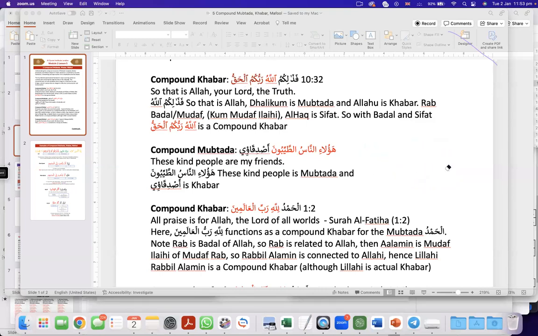These kind people are my friends. These kind people is mubtada, and asdiqa'i is khabar. My friends, okay? Asdiqa'i is khabar. Yeah, it's a plural. Plural, asdiqa'i. Okay.